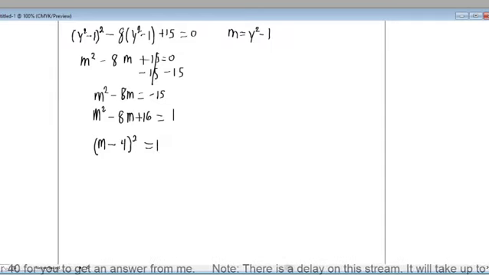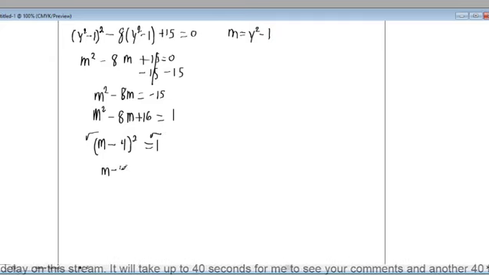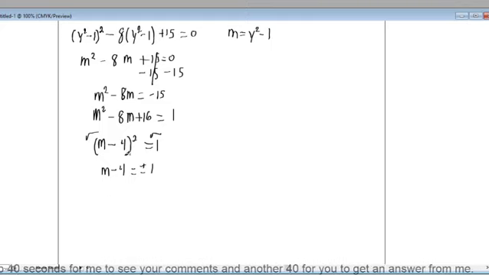Okay. So now we need to open up these parentheses by getting rid of this square. So we do that by taking the square root of both sides. That's going to leave us with just m minus 4 is equal to plus or minus 1. And then take the 4 to the other side by adding it.